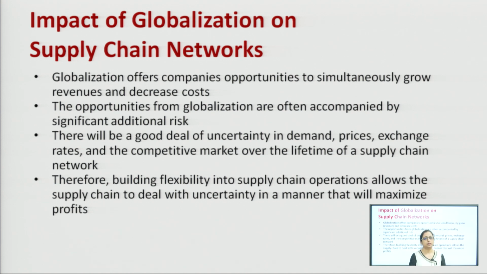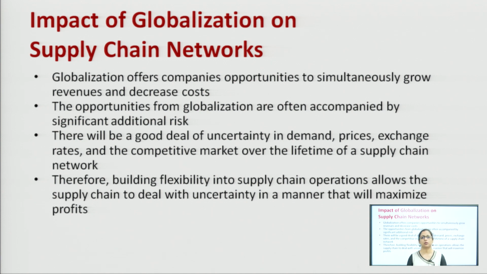Then the third impact is that there will be a good deal of uncertainty in demand, price, exchange rates and competitive market over the lifetime of the supply chain network. That actually means that since these companies are operating in different countries, the fluctuation of a particular material or resource in one part of the country may lead to an increase of the complete cost of supply chain.